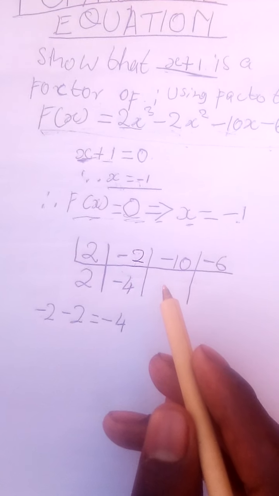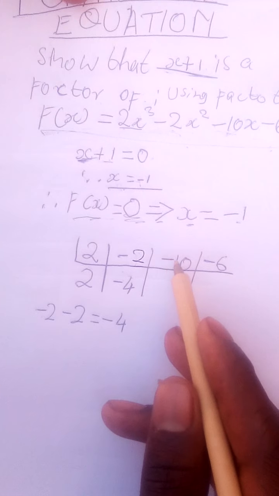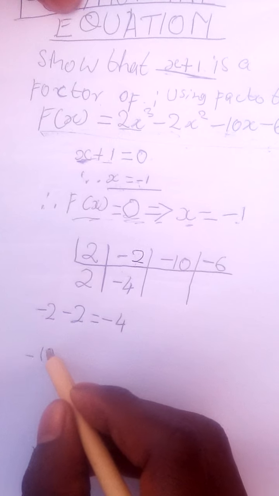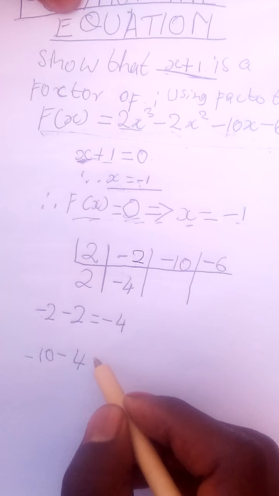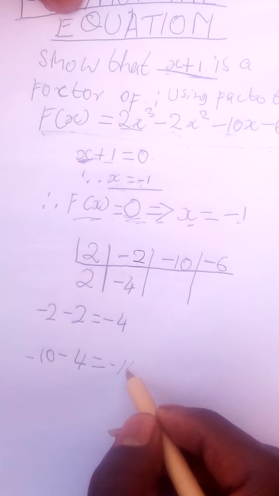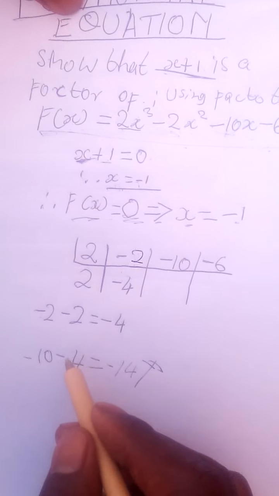So most learners get confused because of these signs. Other learners might say this is going to be negative 10 minus 4, which is going to give you something wrong. It's going to give you negative 14, which is wrong, because you didn't subtract here.